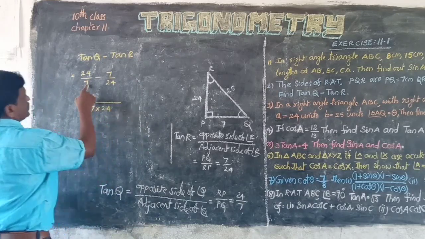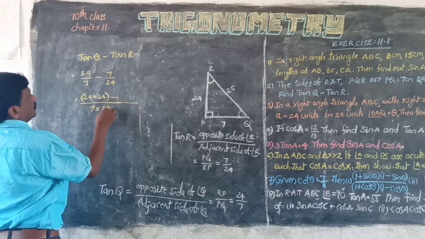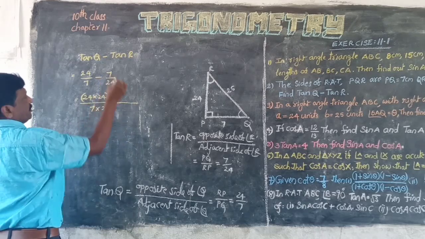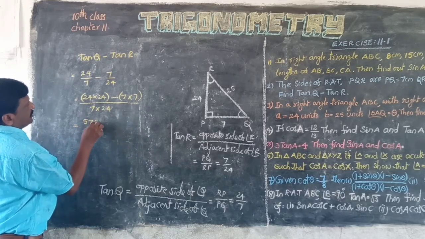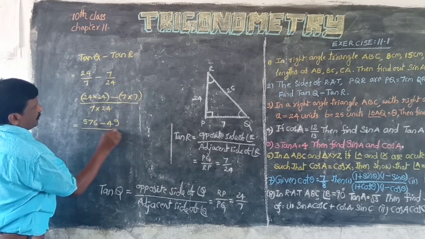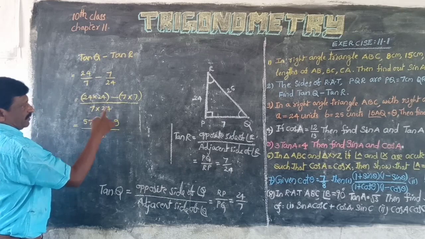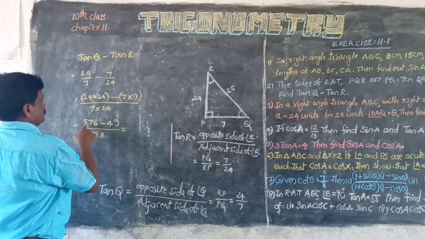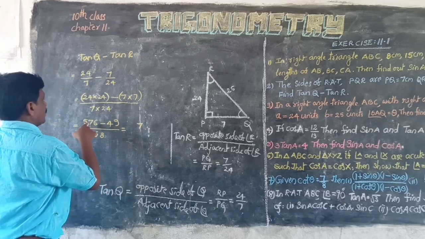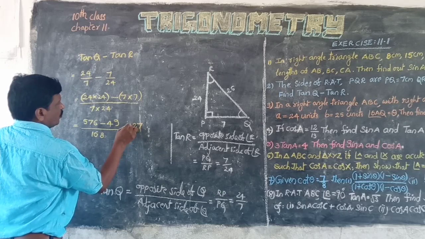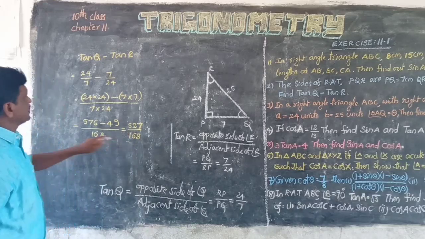So 24 into 24 minus 7 into 7. 576 minus 49, which is 527. So the answer is 527 by 168.